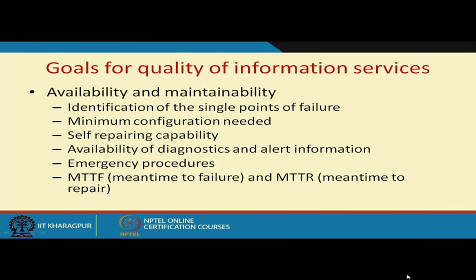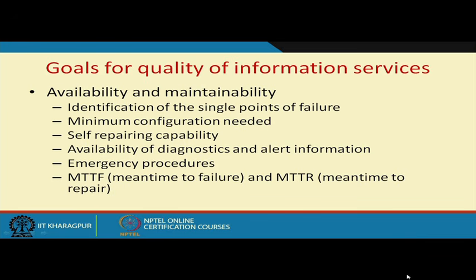By availability we mean whether the company's website is available to the customer all the time or not. The availability again depends on the kind of business you are in. Think of a digital library like IEEE.